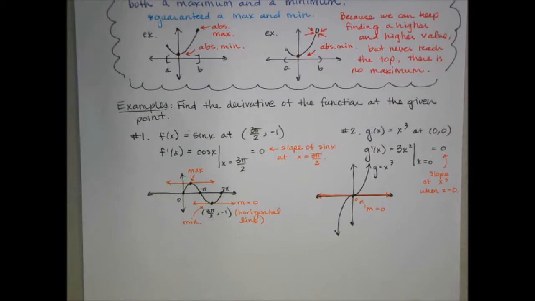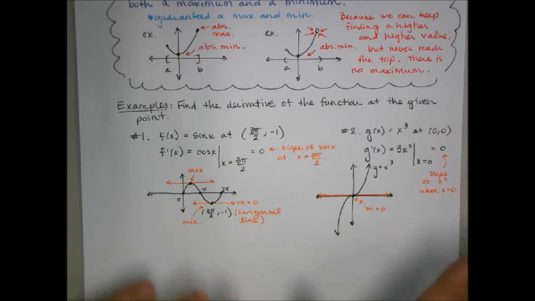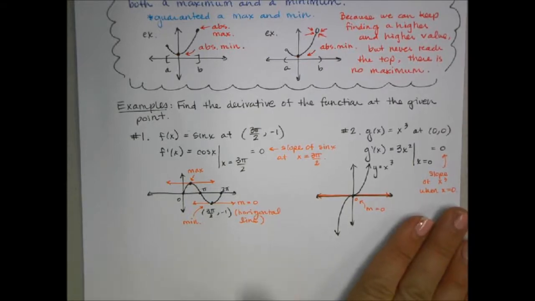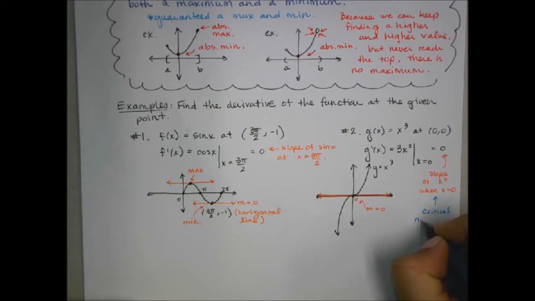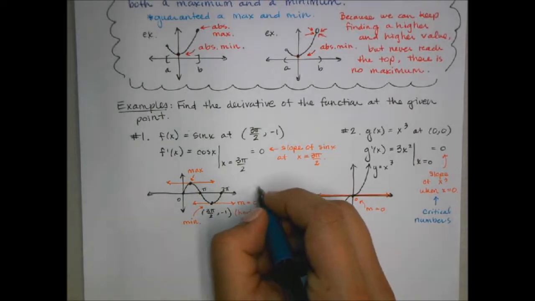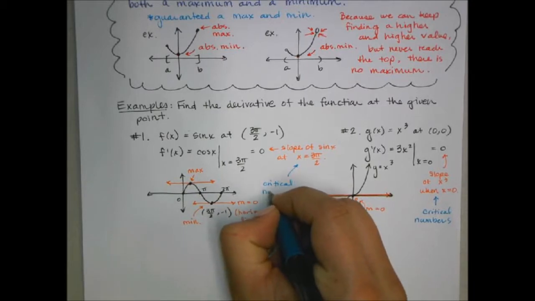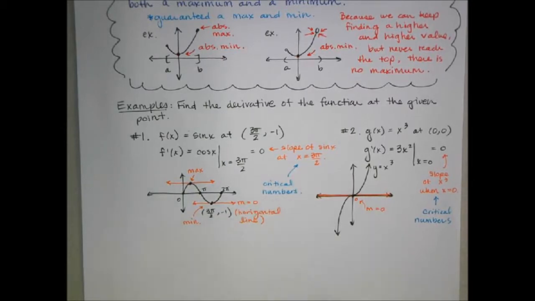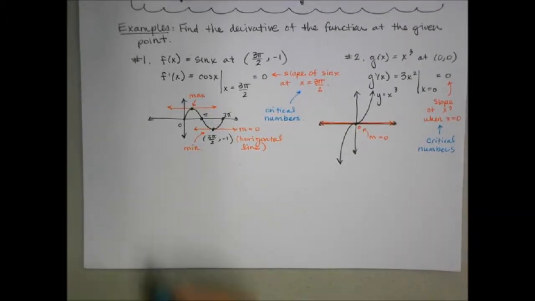So anytime we get a slope of 0 for a function, we're finding what's called a critical number. So these are all critical numbers. Let's look at the definition of a critical number.